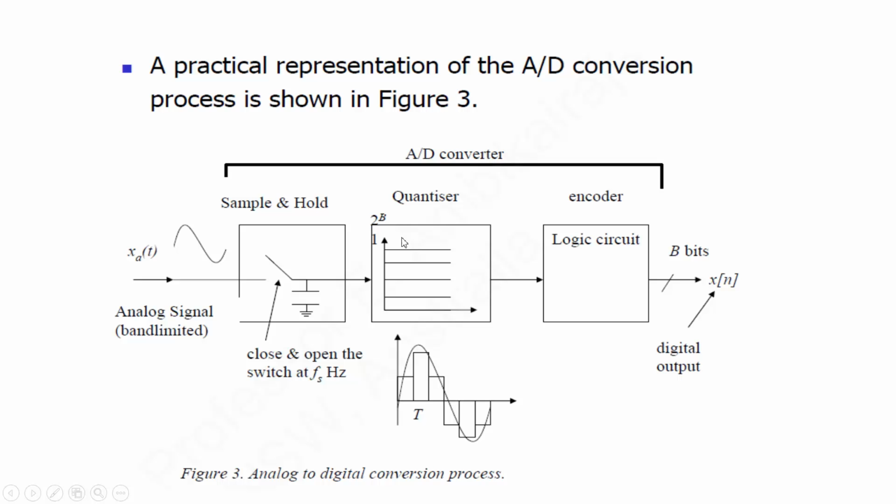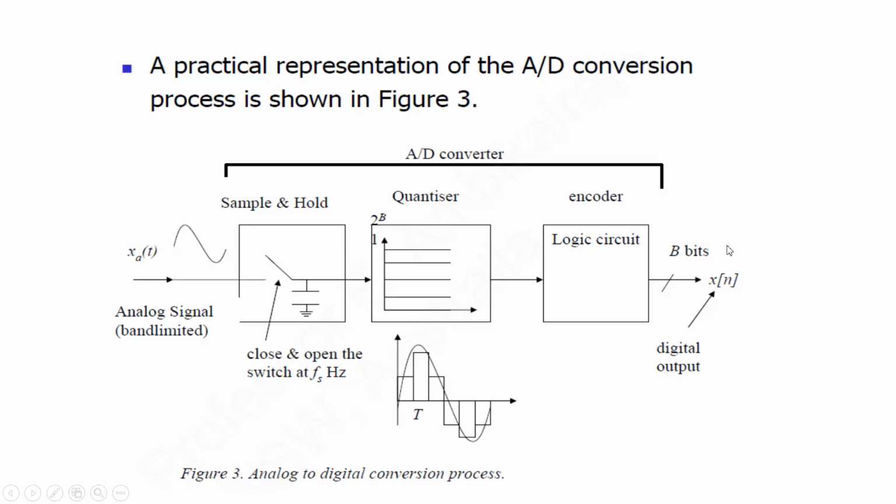After the signal is quantized and is allocated one particular level, that level is converted into a digital code using the encoder circuit, and we get B bits out of this block. So the input was an analog signal, and the output will be a digital signal in terms of bits.